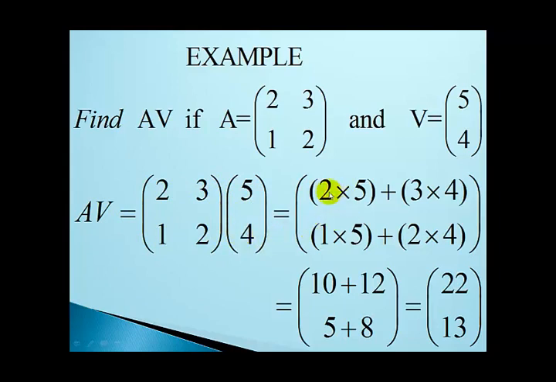Now 2 times 5 is 10 plus 3 times 4 is 12. 1 times 5 is 5 plus 2 times 4 is 8. So 10 plus 12 is equal to 22 and 5 plus 8 is equal to 13. So AV is equal to [22; 13].